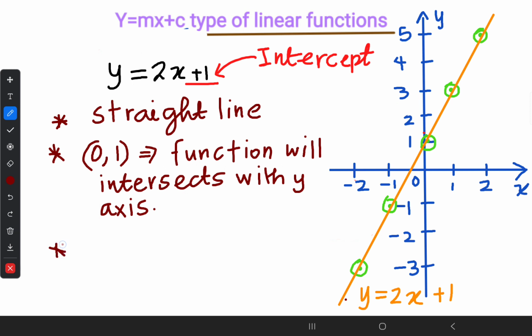Then, the gradient is a positive value, so m is greater than 0.